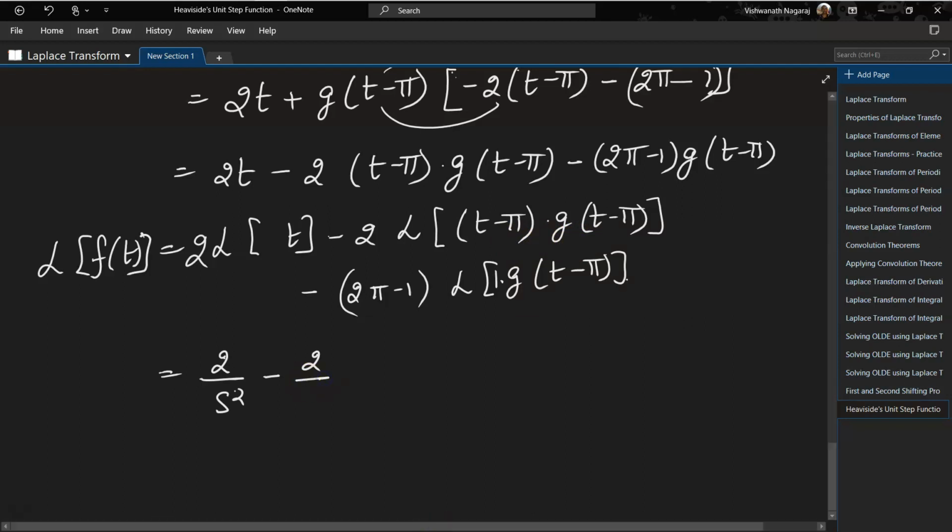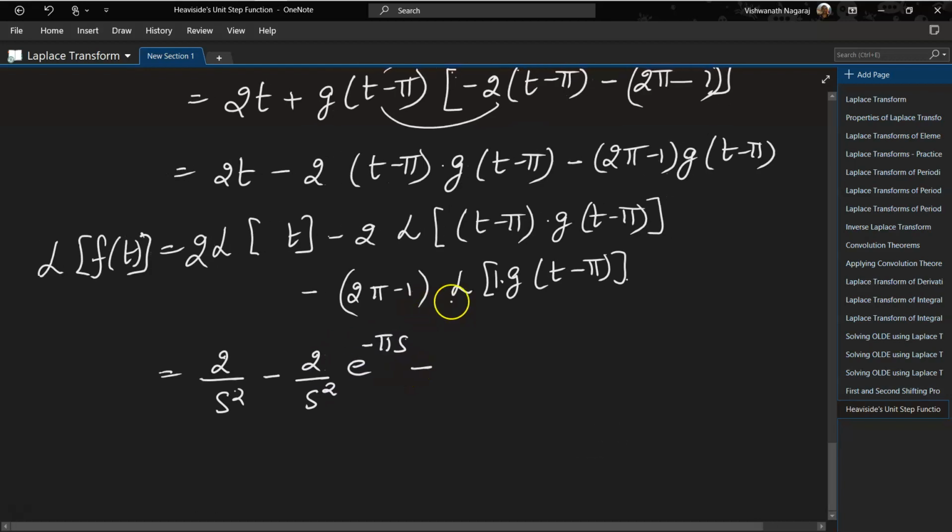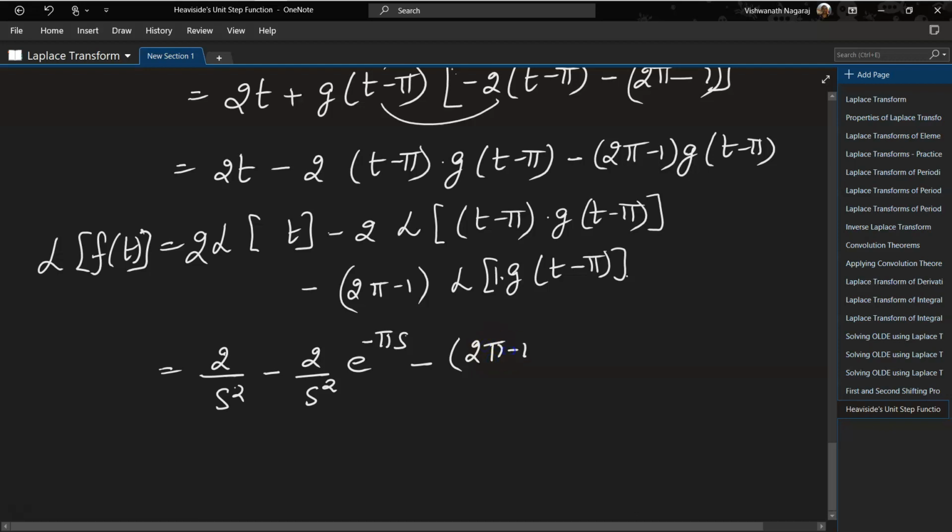So that would be 2/s² e^(−πs). Then minus, what about this? (2π − 1) as it is, and Laplace of this would be (1/s) e^(−πs).